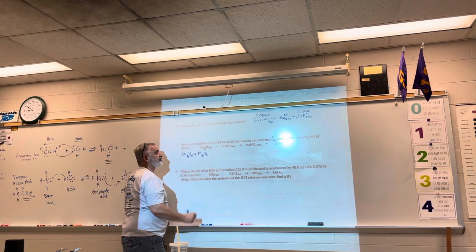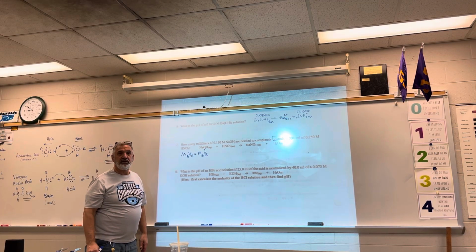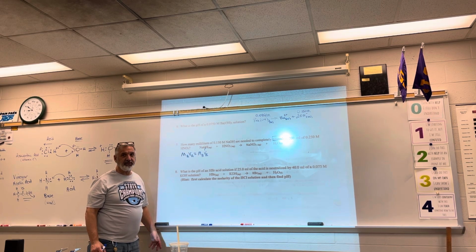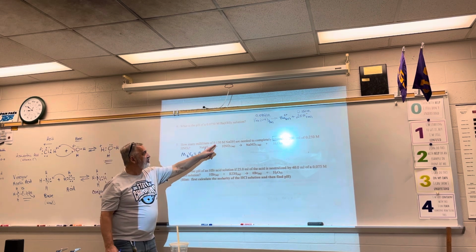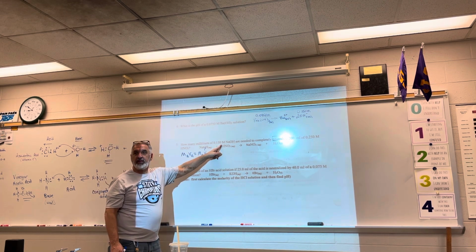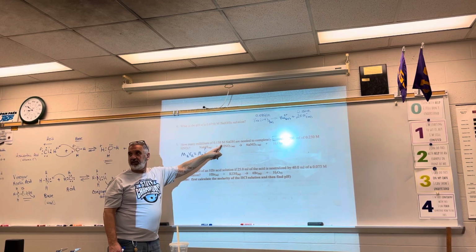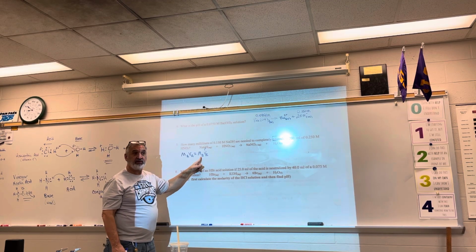That's the one I'm looking for. Does it matter? Not really, but you just need to know when you're plugging in the variables which one is which. Know what the letters mean, don't just plug numbers. So, what is the 0.150? That's the molarity of the base.